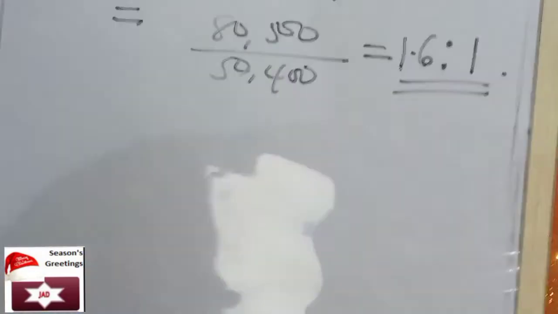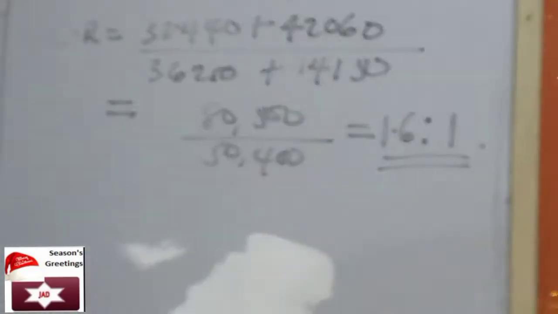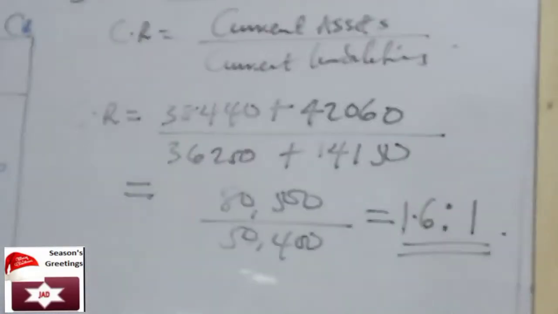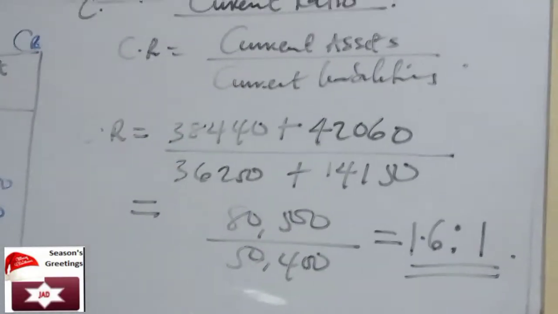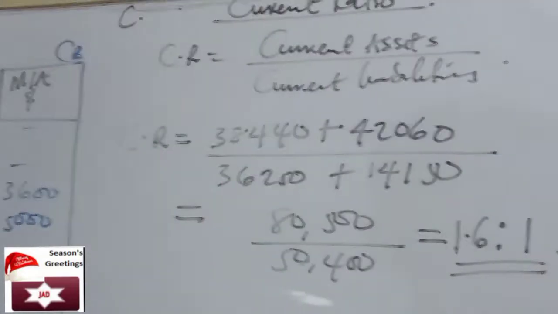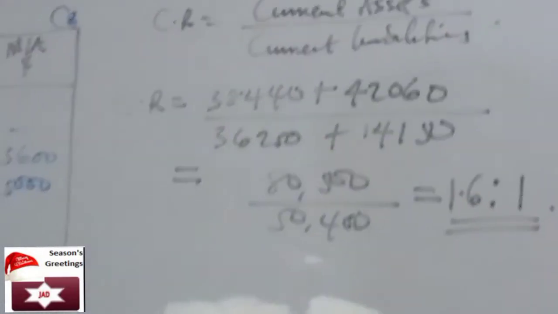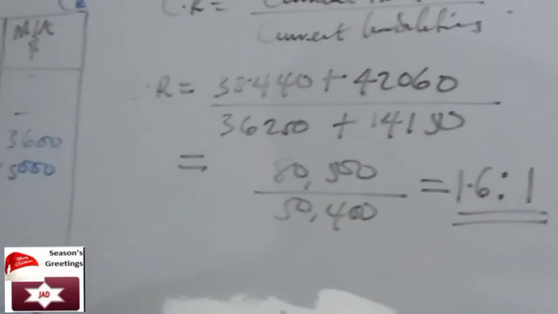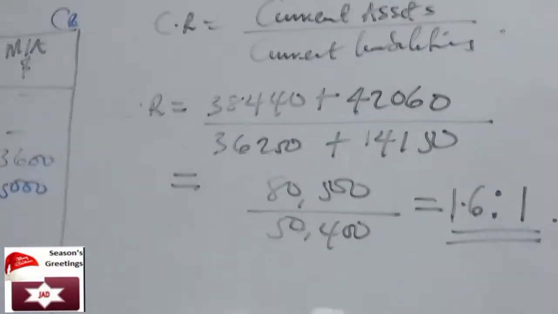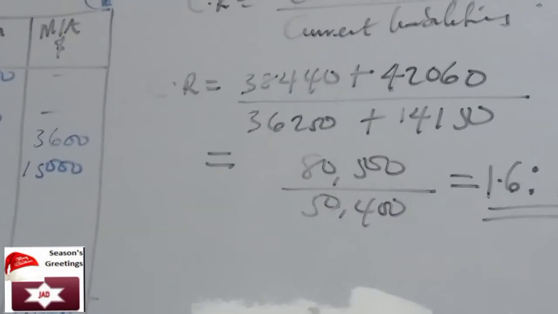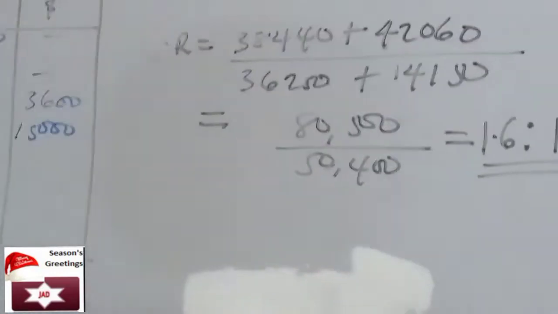So that means the current asset is 1.6 times higher than the current liability. The business is 1.6 times capable to settle its current liabilities within the period. So that is it for that one.